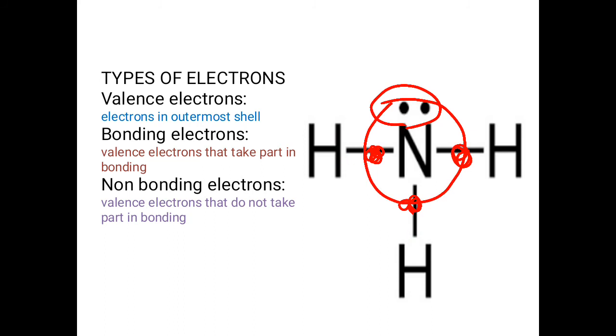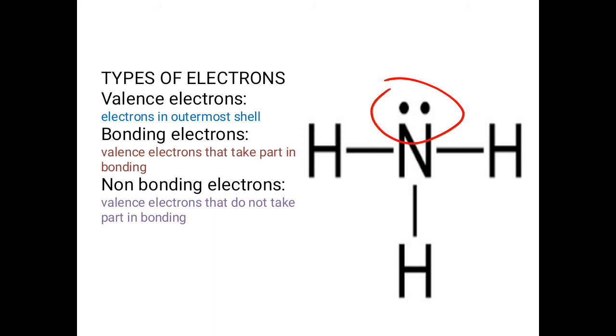And the nitrogen atom is still left with a pair of electrons which has not taken part in bonding. So the electrons which do not take part in bonding are called non-bonding electrons.